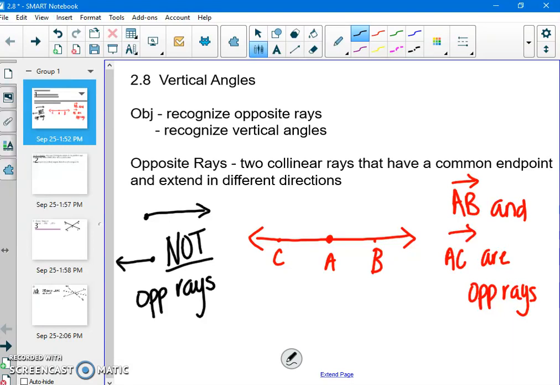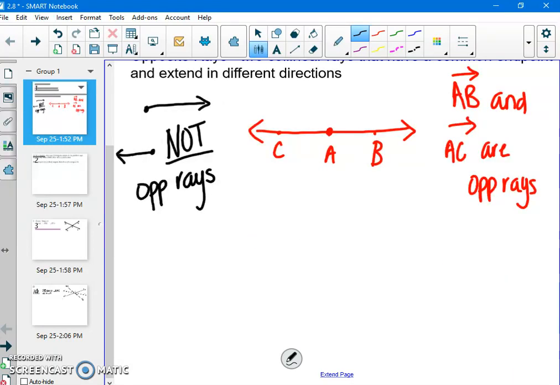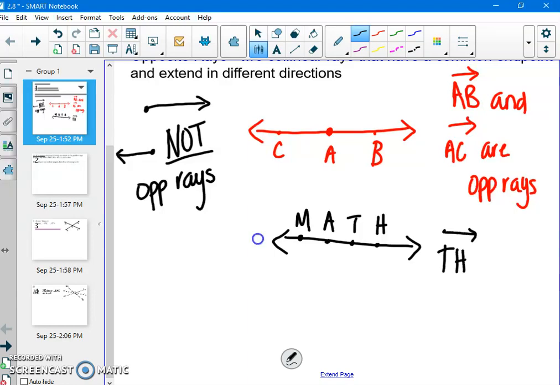Or if I was to draw something like MATH, ray TH and ray AM are not opposite rays.